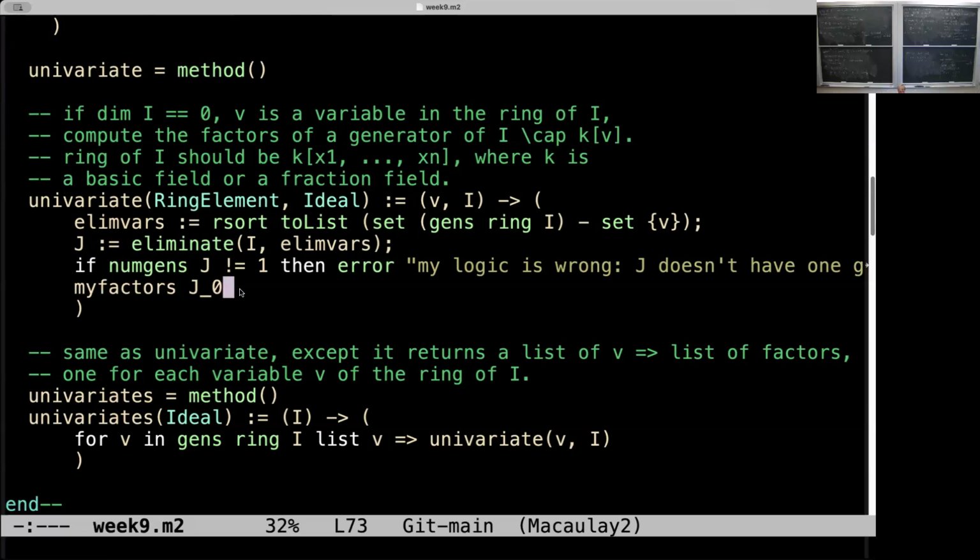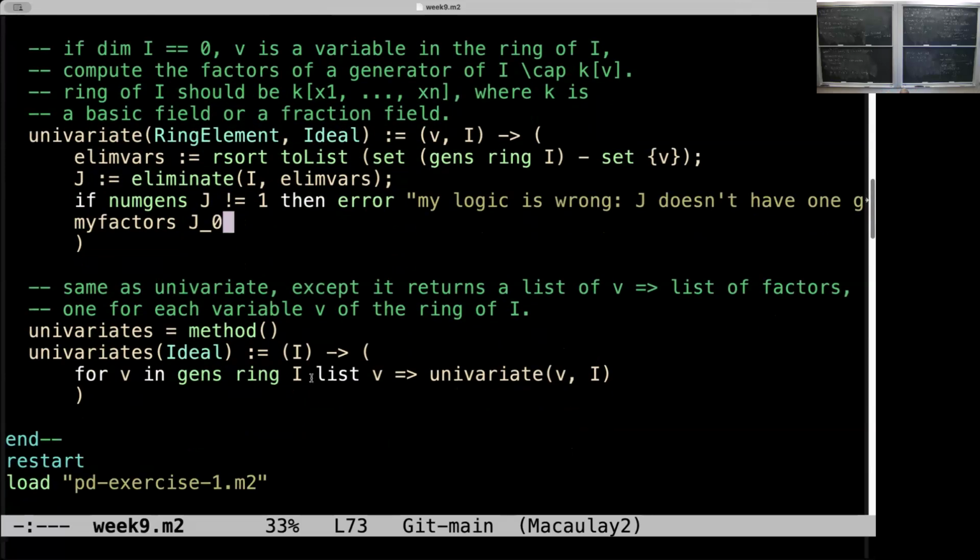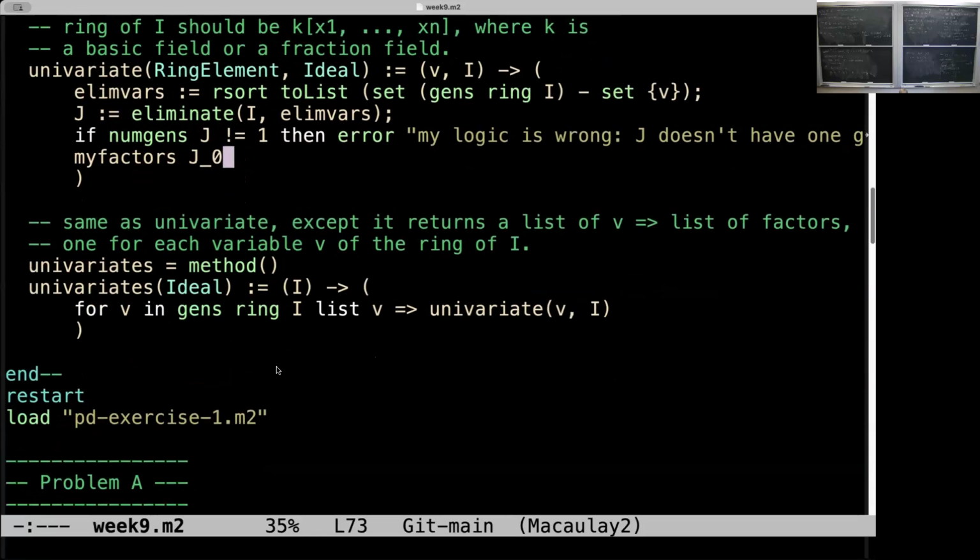But if you actually want to use it in a program or further computation, it's kind of annoying. So what my factors does is it takes a factorization and gives, for each one of those things, the polynomial comma the exponent. And then univariates does it for every variable in the ring.